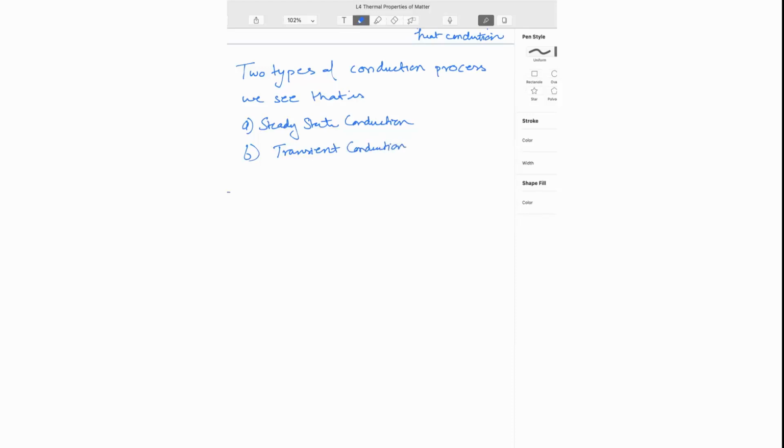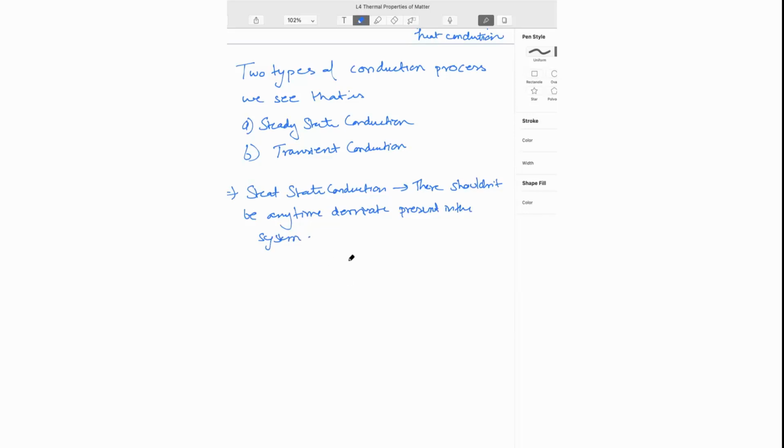When we say steady state conduction, it means there shouldn't be any time derivative present in the system.